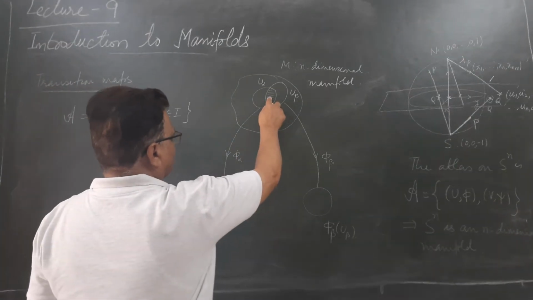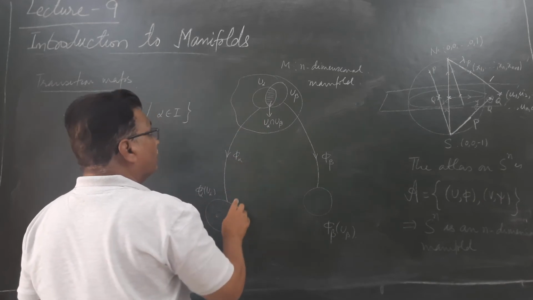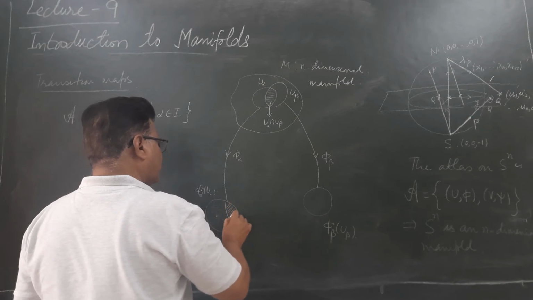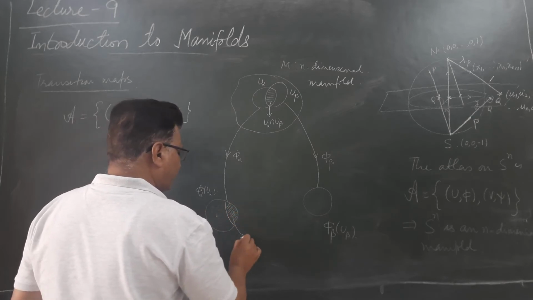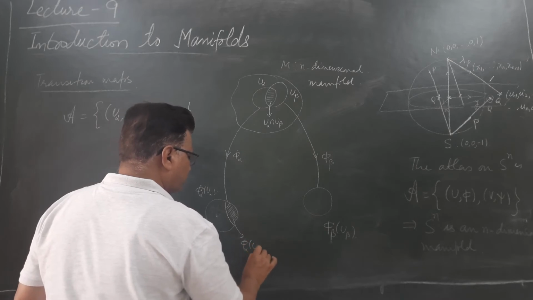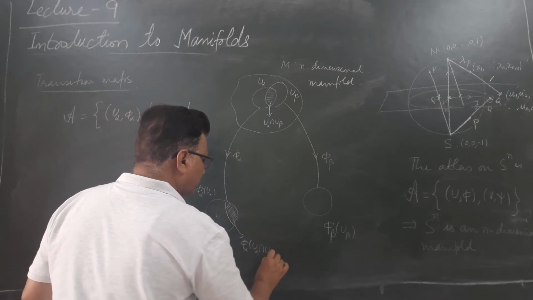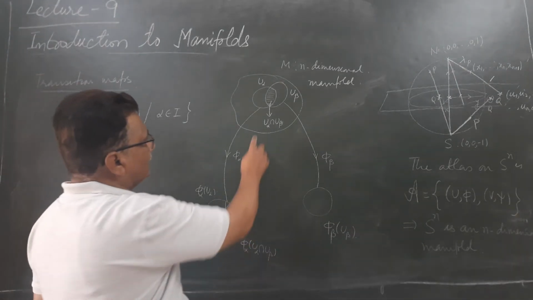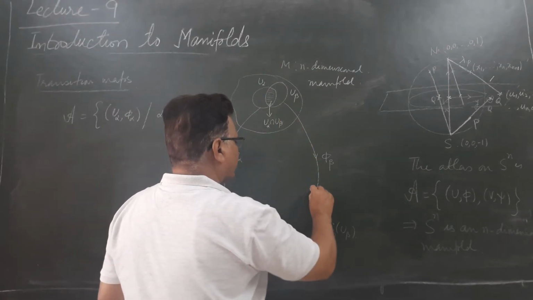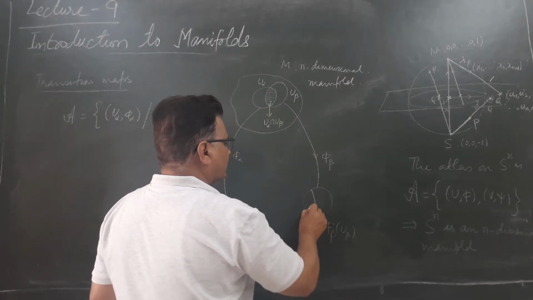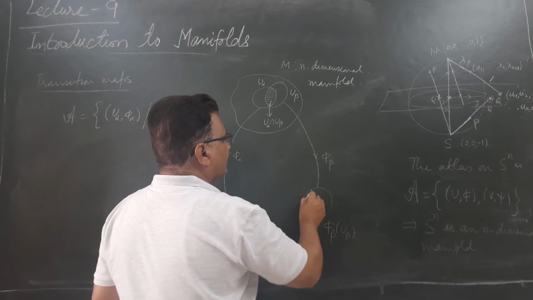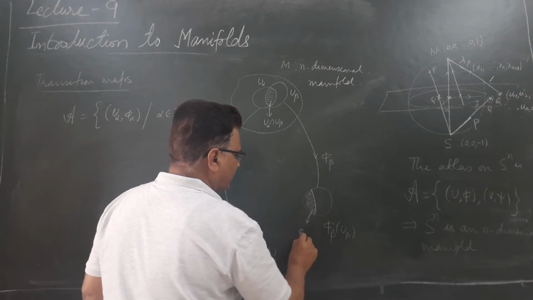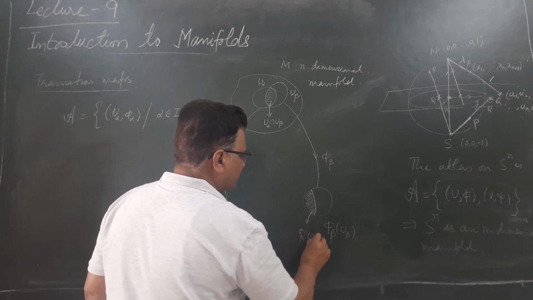So this shaded region under the homeomorphism phi alpha will be mapped to somewhere here. Is it right? So this shaded part is in fact phi alpha of U alpha intersection U beta. This part is also an open subset of Rn. Similarly, this shaded part will be mapped to this part in Rn under phi beta. So this part is phi beta of U alpha intersection U beta.